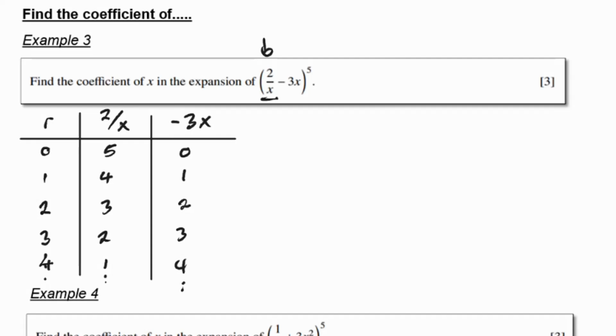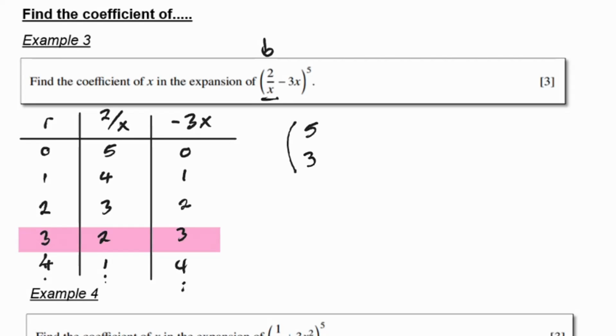So we want to look for a combination of powers, mainly focusing here, which will give us a term in x. So you can try them out one by one. But in this particular case, I want you to consider this here, where n is 5.